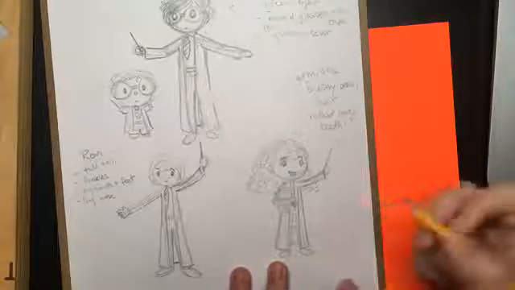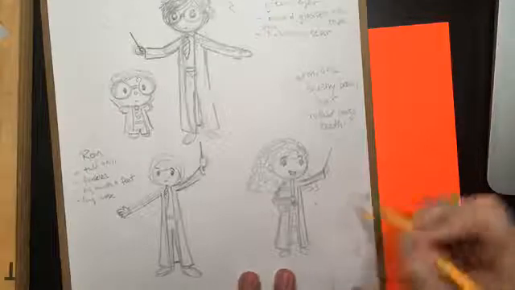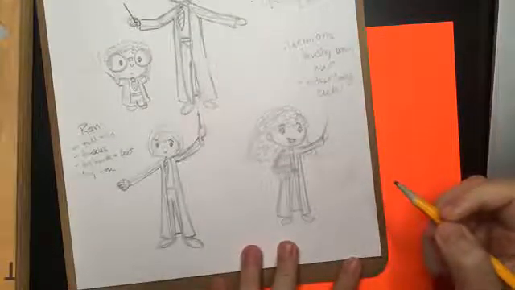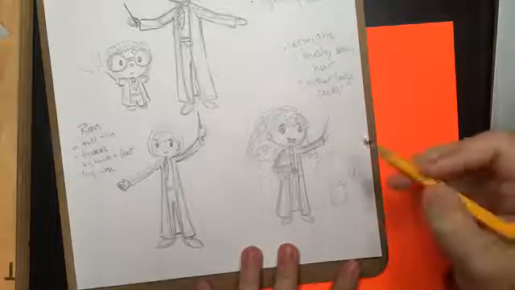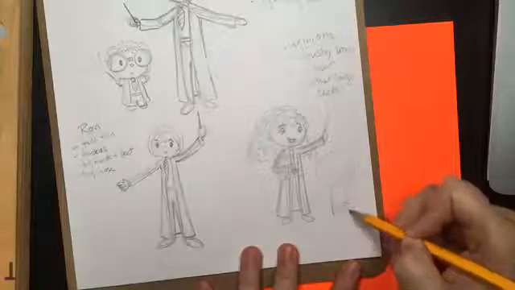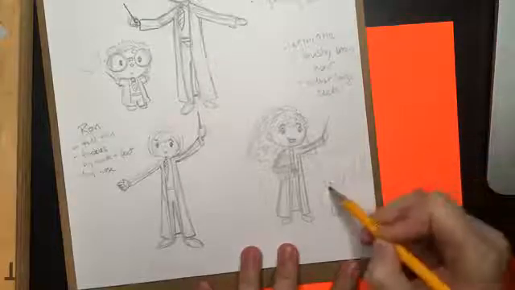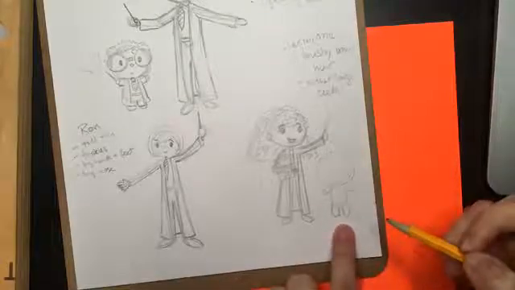Let's turn a cat into Hermione. So, same thing, start with the head and the body and feet, arms. So that part's the same.